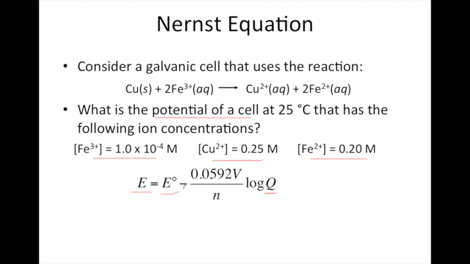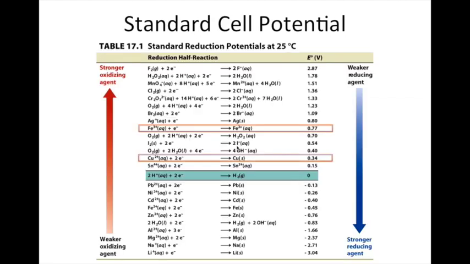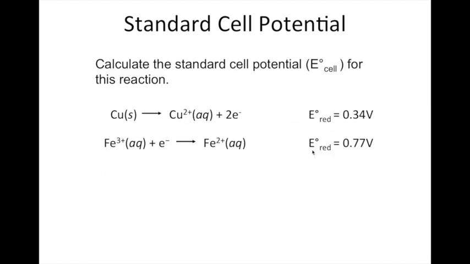So the first thing I'm going to calculate is my standard cell potential. Looking at my chemical equation, I can see that copper is undergoing oxidation, while the iron from +3 to +2 is undergoing reduction. It's gaining electrons. So if I look back at my table, I get the half reactions for iron and copper, and I'm going to copy down the standard reduction potentials for both.